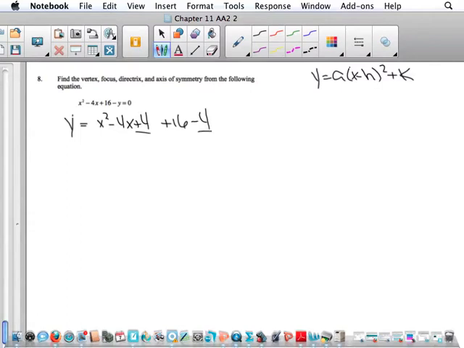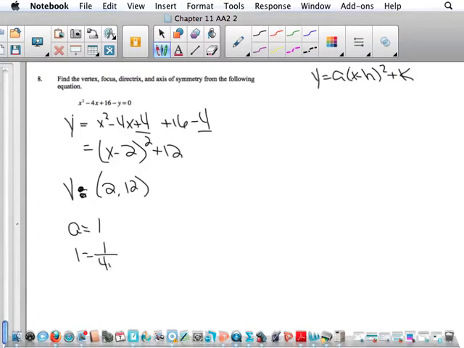That keeps my equation balanced. Then I'm going to take this perfect square trinomial and write it as a binomial squared. So now I have the vertex of my parabola is at (2, 12). My value a is 1. So 1 is equal to 1 over 4p, so p is equal to 1/4.